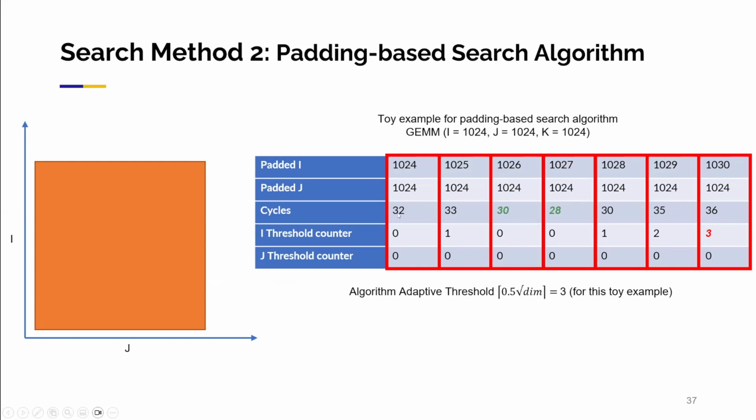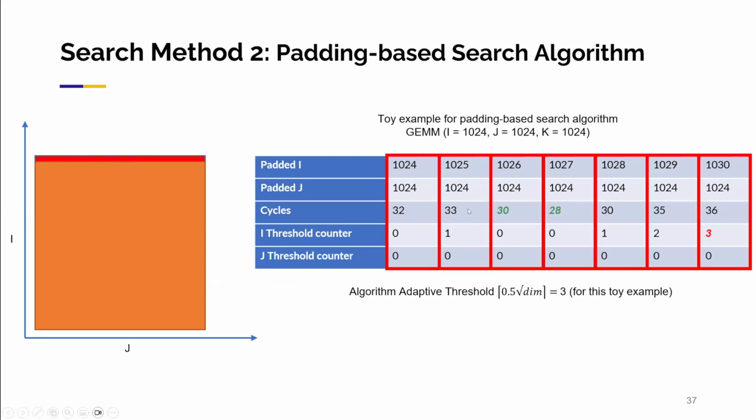Let's say that the best performance we get is around 32 cycles. Now we add padding on the I dimension, and we see that the performance we found with this candidate is worse. So now for each of these new problem sizes, we will only search for divisor tiling factors, which is equivalent to searching for all non-divisor and divisor tiling factors of the problem.